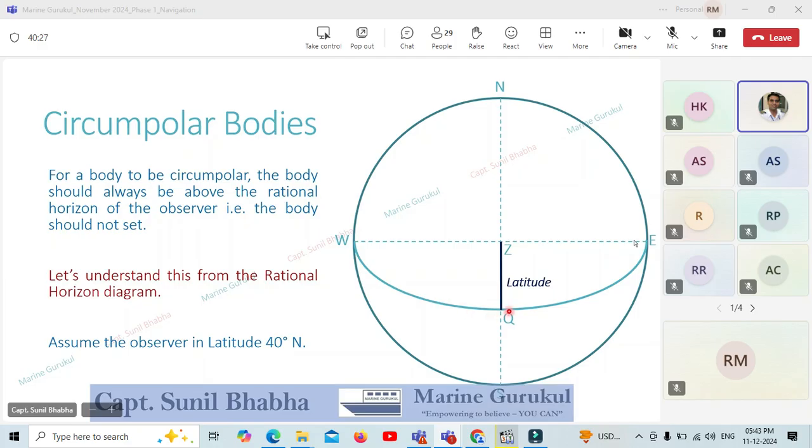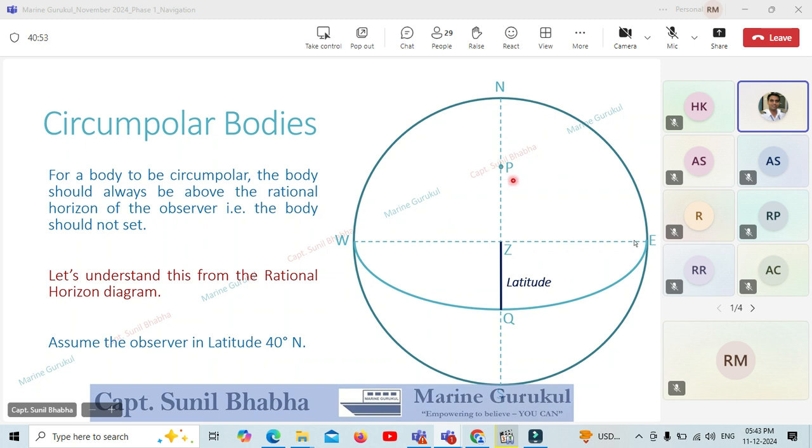Once the equinoctial is there in the diagram, we can also show the pole. In this case, the observer is in the north hemisphere, so the north celestial pole will be the elevated pole, or the visible pole, and it will be 90° away from the equinoctial. So 90° north of the Q point, this is where the pole would lie.